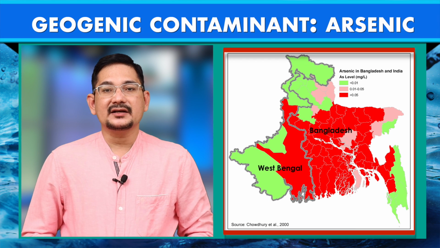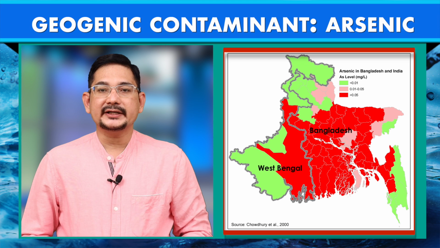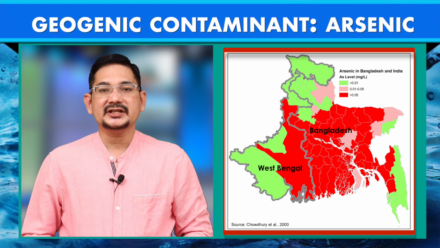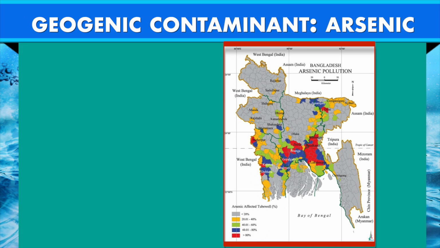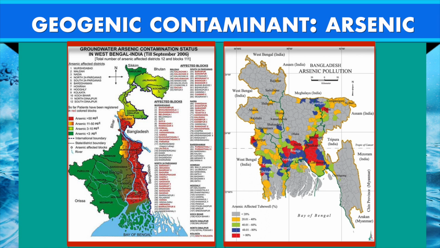Most arsenic affected areas are located in Southeast Asia, Bangladesh and West Bengal, risking the health of 150 million people. 47 districts in Bangladesh and 9 districts in West Bengal have arsenic level in groundwater above the maximum permissible limit of 50 microgram per liter.